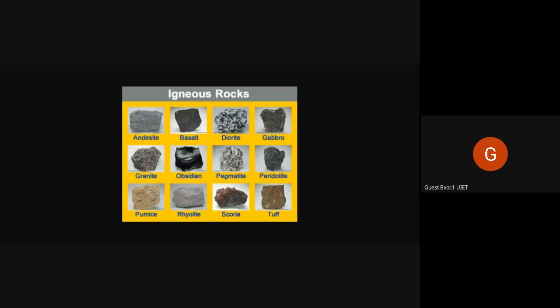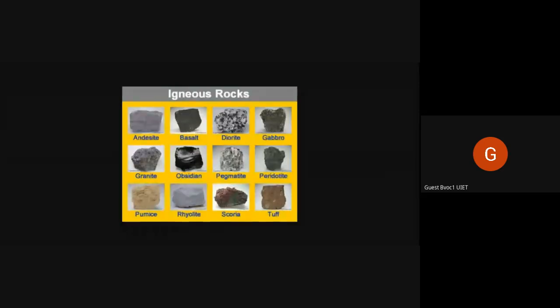Sedimentary rocks are formed of sediments. Sediments are minerals or organic particles that are deposited on the ground, on the riverbed, or around.